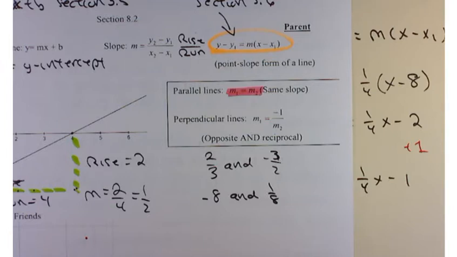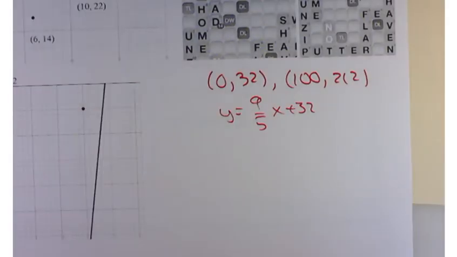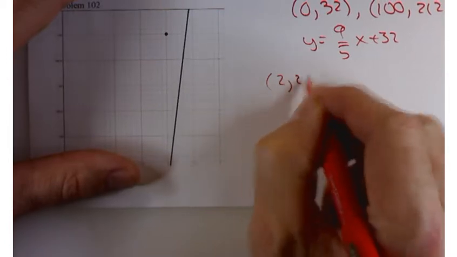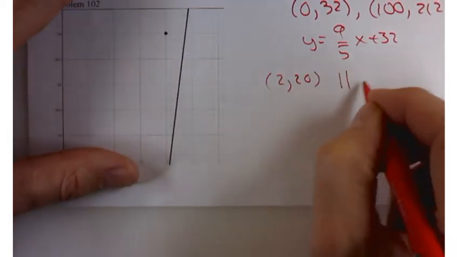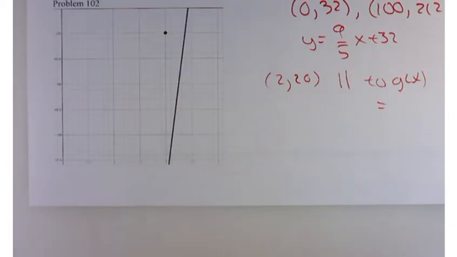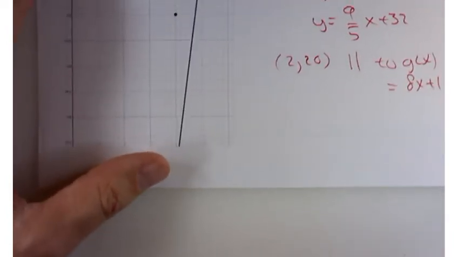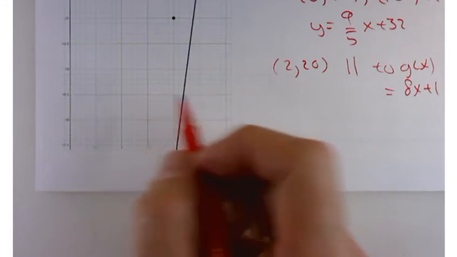So we want to find the equation of a line that passes through the point (2, 20) and is parallel to the graph g(x) = 8x + 1. So it passes through the point (2, 20), parallel to g(x) = 8x + 1. So here's a drawing of our graph.